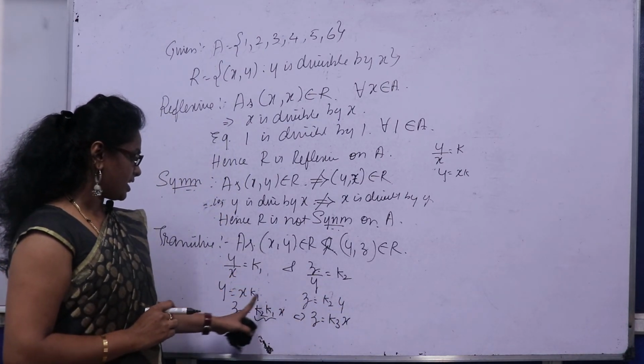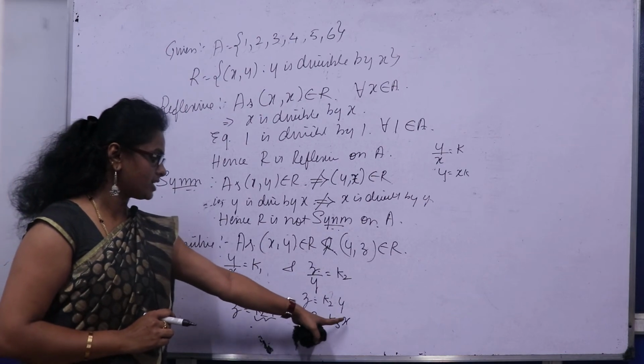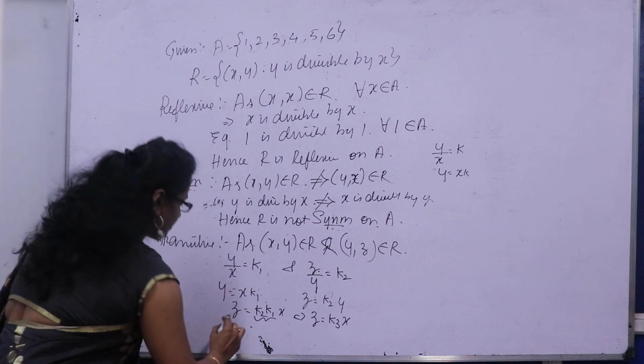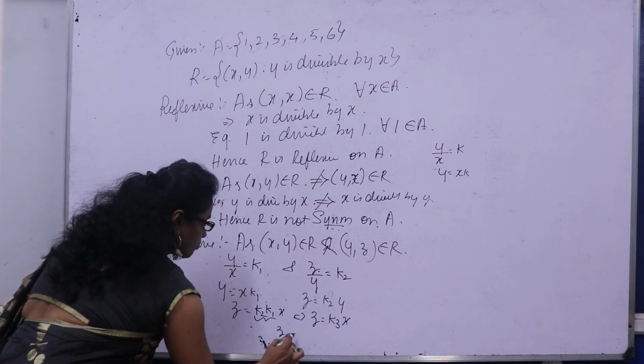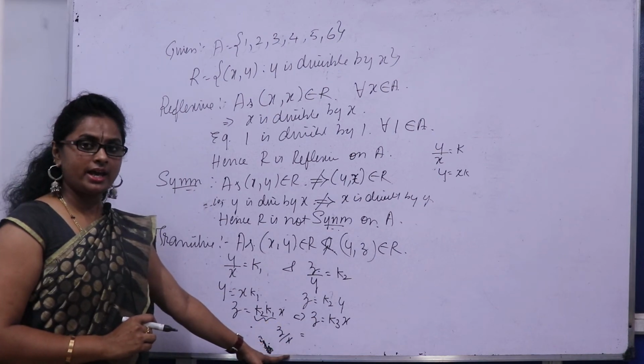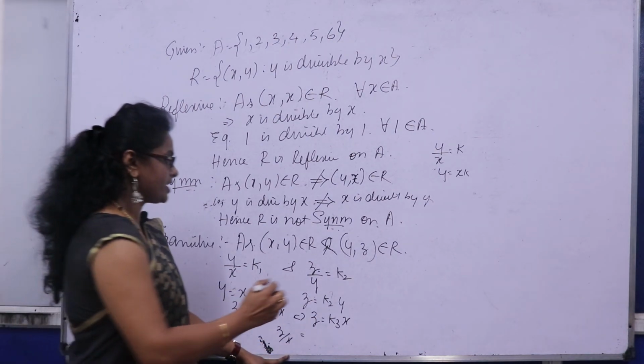What does this say? Look at this. Can I just bring back this x to the denominator? That is z by x. What does this say? Z is divisible by x. This is what we were supposed to prove, right?